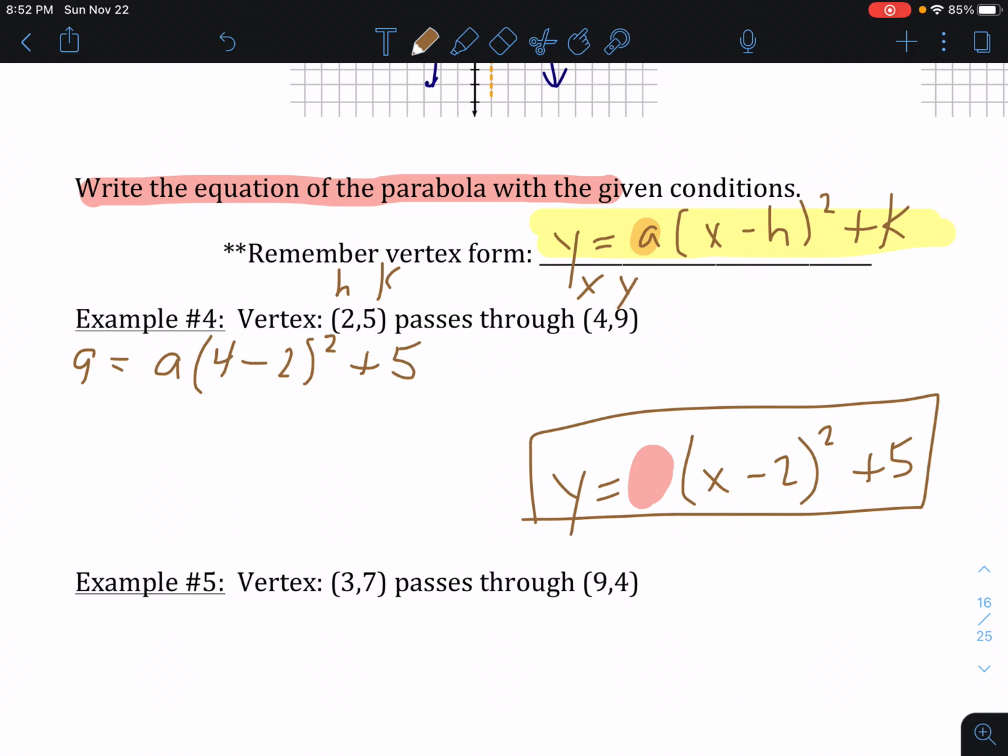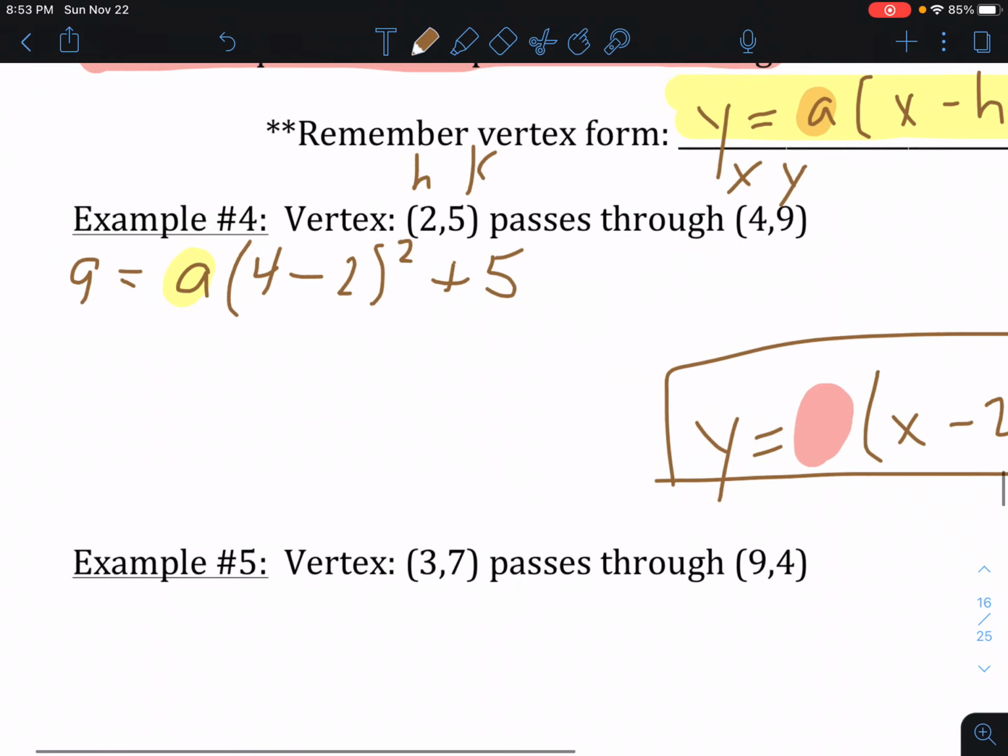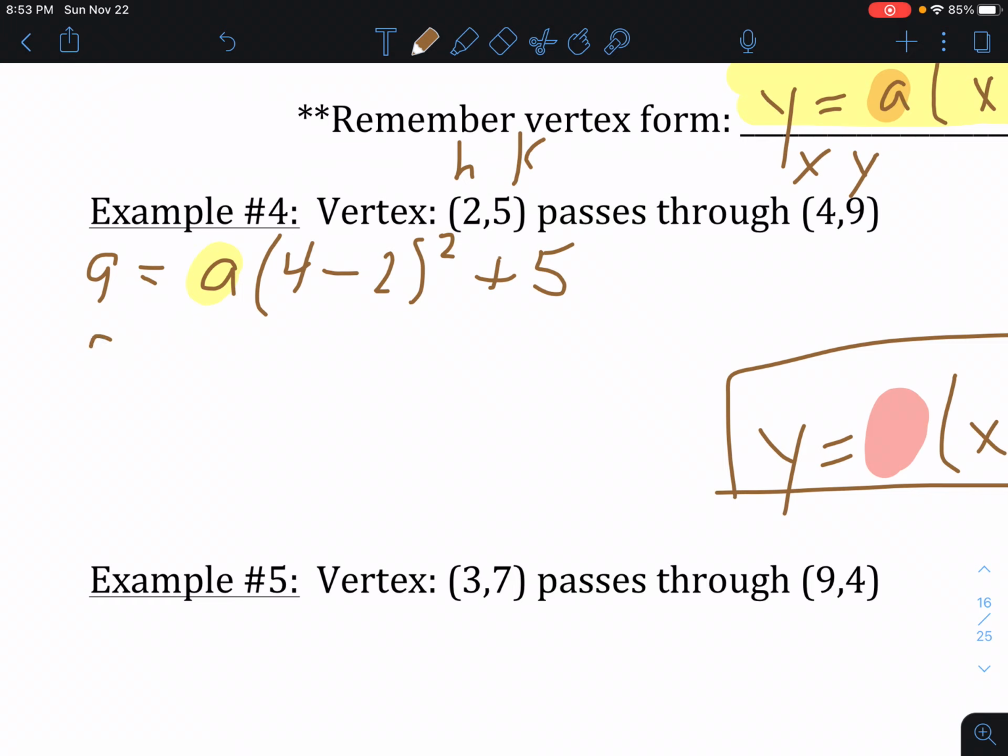So we put the numbers that were given to us into the formula, and we need to find out what a is. So we are going to solve for that now. Let me show you how to do it. The first thing you're going to do, of course, is parentheses, 4 minus 2 would be 2.